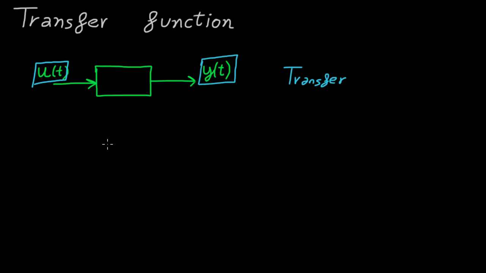So now what we're going to do is to define a tool to describe those transfer characteristics, a way of characterizing the process of acting upon the inputs to produce outputs, and its name is the transfer function.